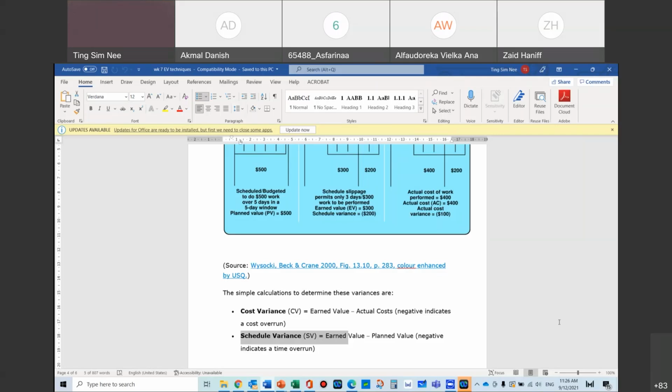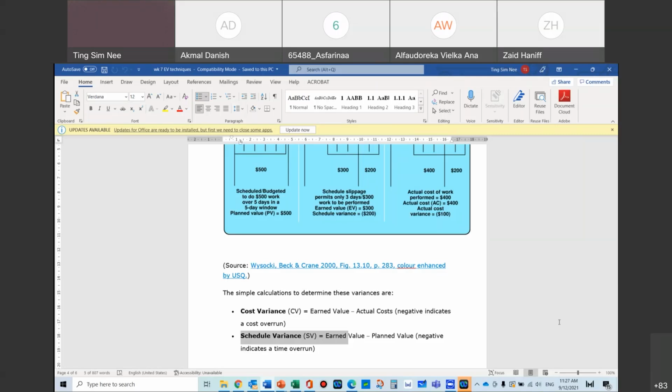With the percentage of work, you go back to your original schedule that you have done, and then you draw the line down that month, and you see for that month you're supposed to finish 70%. So actual work done was how much? 60%, 70%, 80%.